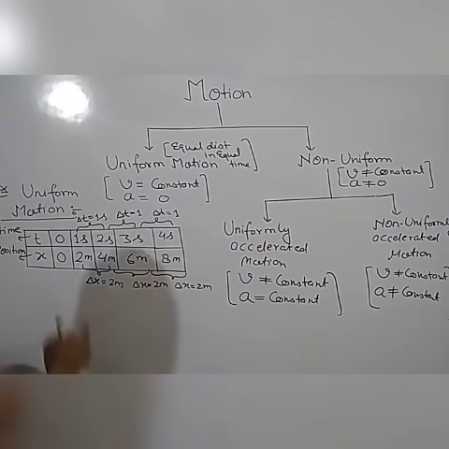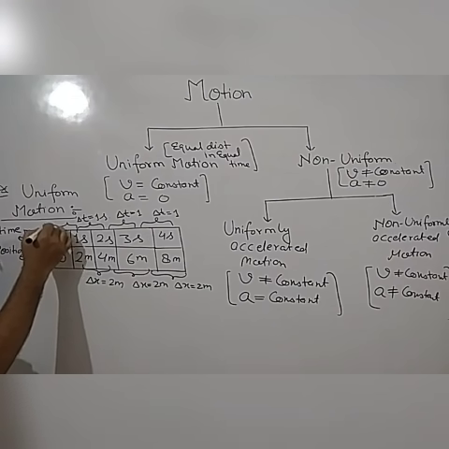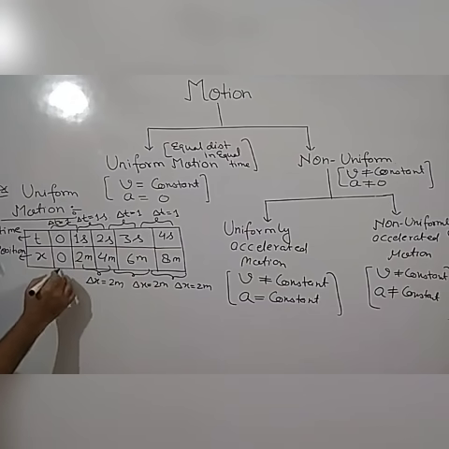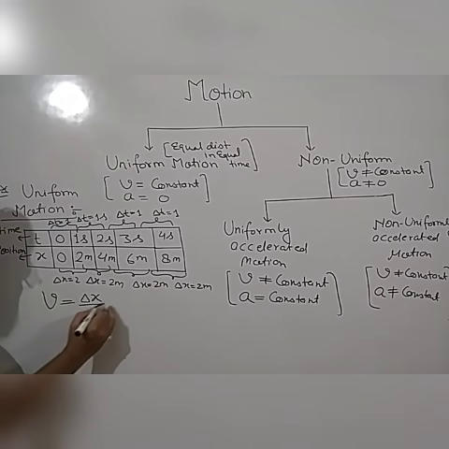Okay, so if we find the velocity for the first time interval, delta t is equal to 1 and delta x is equal to 2. What is the formula of velocity? Velocity is equal to displacement upon time interval.